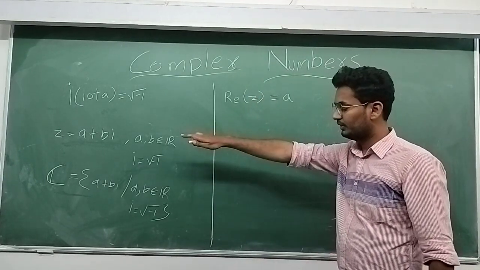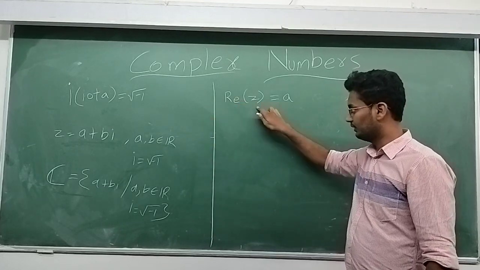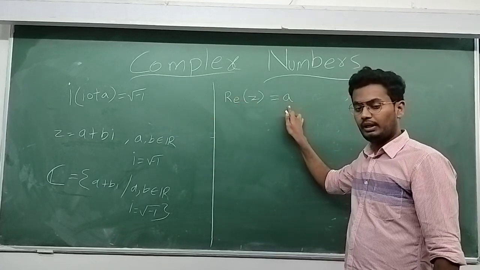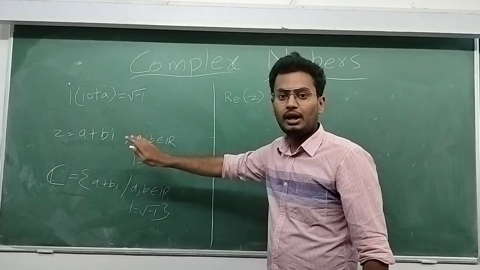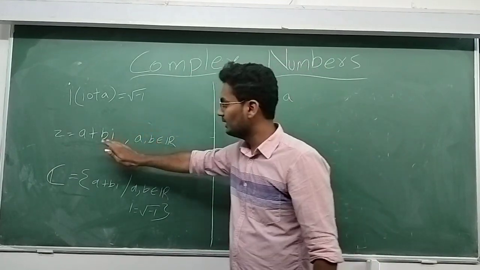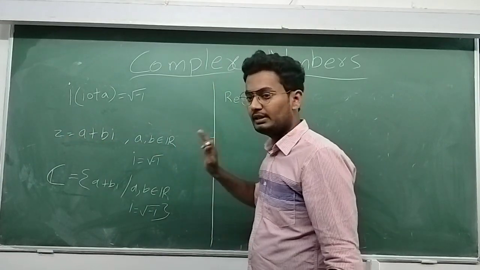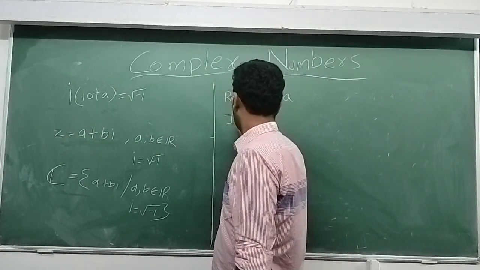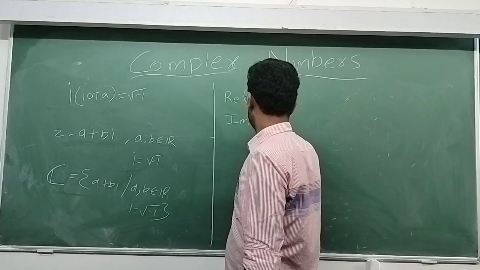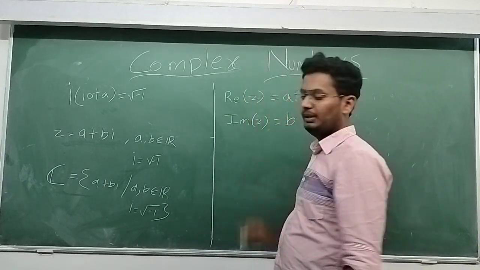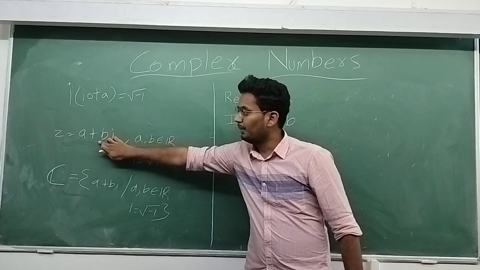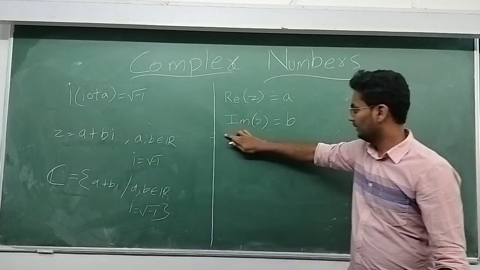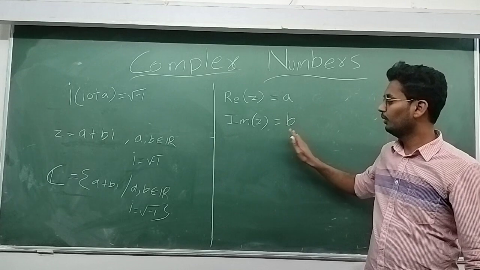And this b is known as the imaginary part of the complex number, denoted by Im of z, that is equal to b.